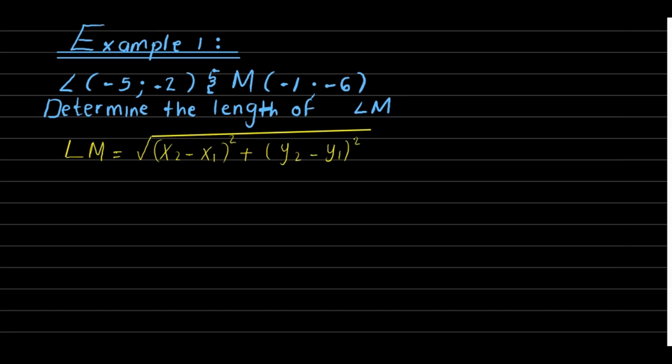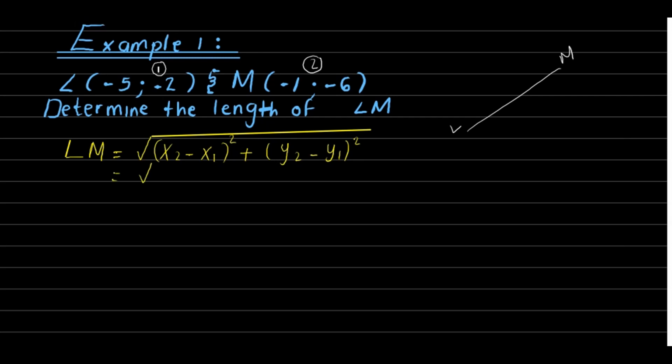Another thing I also do is that I label my points. It goes from point L to point M, so I label my point L as the first point and my point M as my second point. Then let's substitute our values. What is our x2?